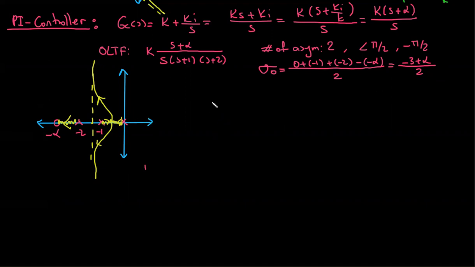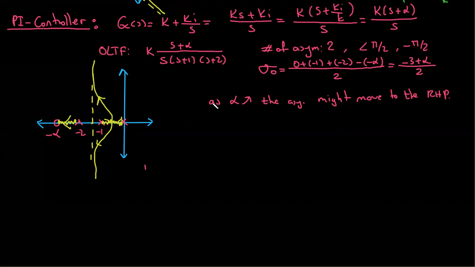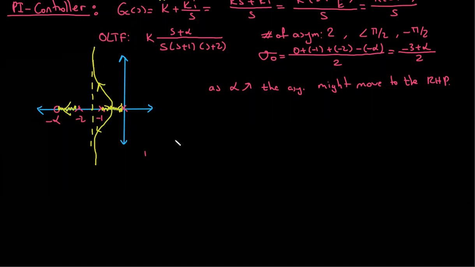So let me write it down. As alpha increases, the asymptote might move to the right half plane. Then that will also cause instability if you increase that k value over here.